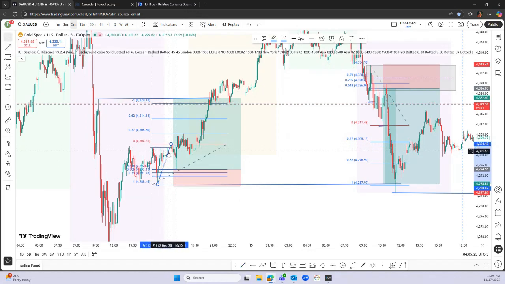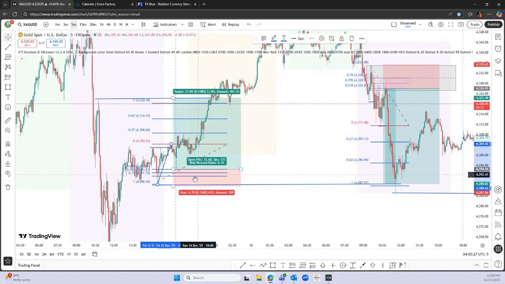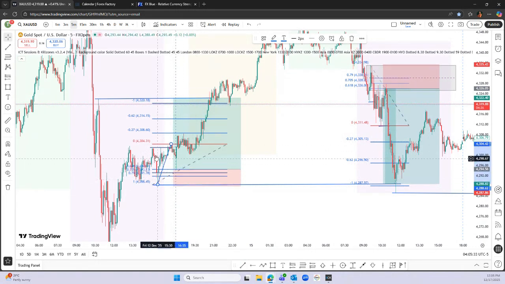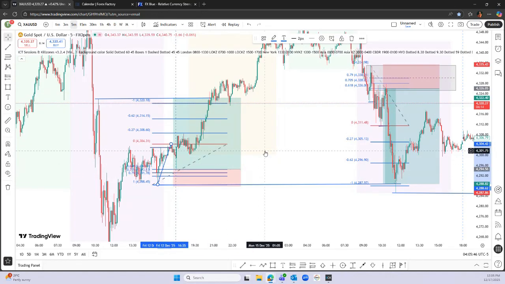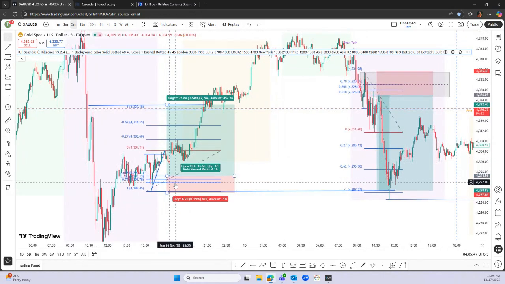Then we pull the fib from the low point to the highest point. Then we look for a point of confluence, which is an order block. This is an order block, but then I want the price to tap the OTE level, or the fib retracement level. That is the OTE, because I use the ICT Fibonacci, and from that I can take my trade.